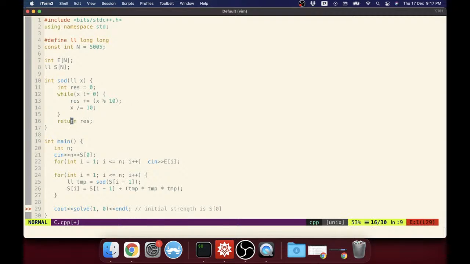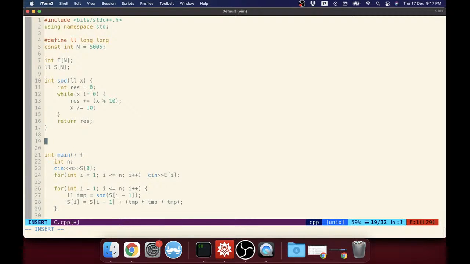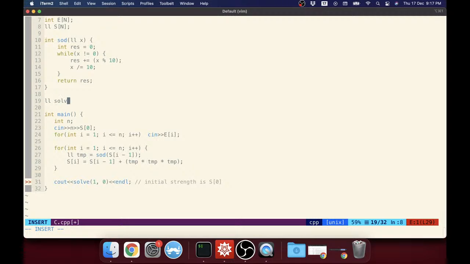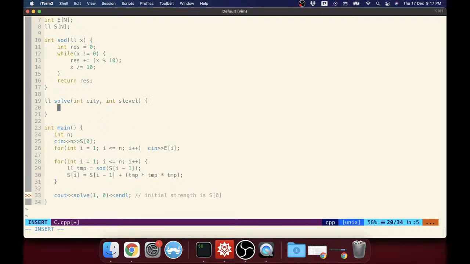I generally personally like to do a memoized recursive approach for these questions, but that's a preference. If we have already calculated this value, then we'll return it. This is a very standard way of writing DP. A lot of people write it this way, so it's not really that special.